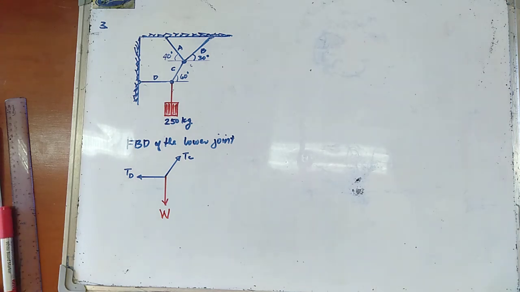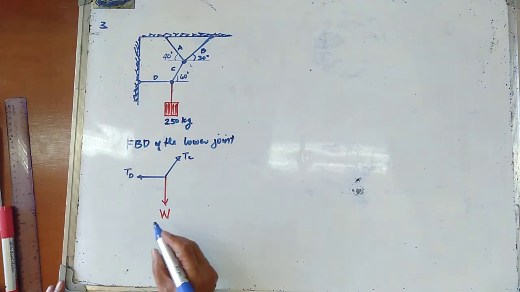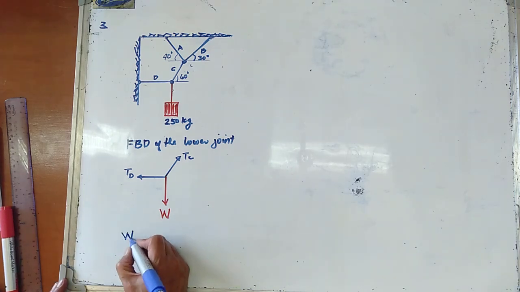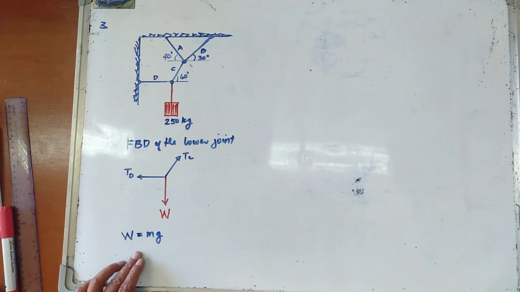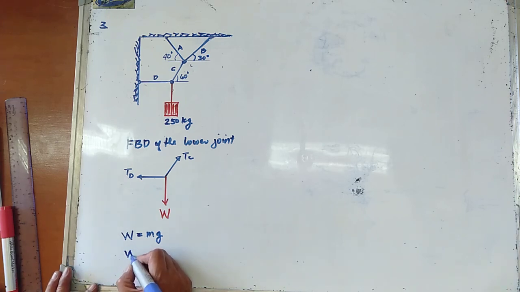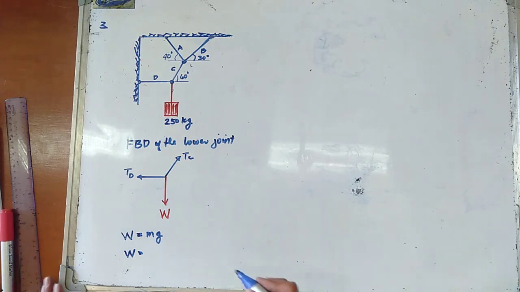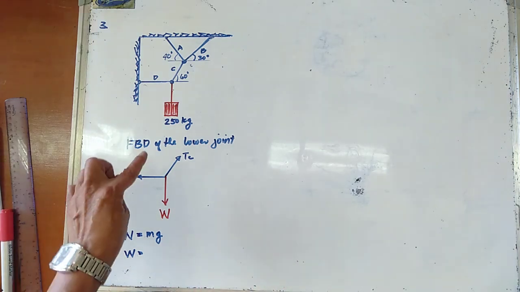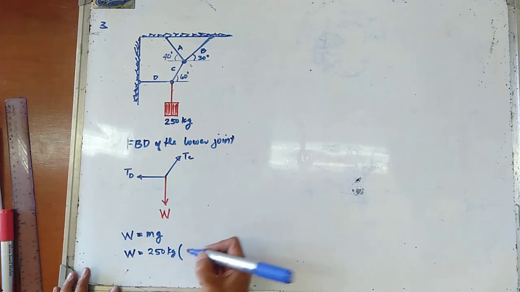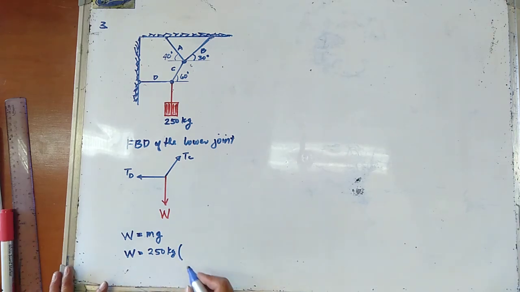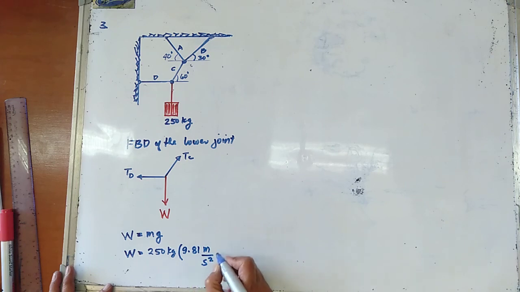Now, how are you going to determine the weight of the body? The weight of the body is equal to mg. Your m in here is the mass of the body, and g is your gravitational acceleration. So that is 250 kilograms multiplied by gravitational acceleration, 9.81 meter per second square.